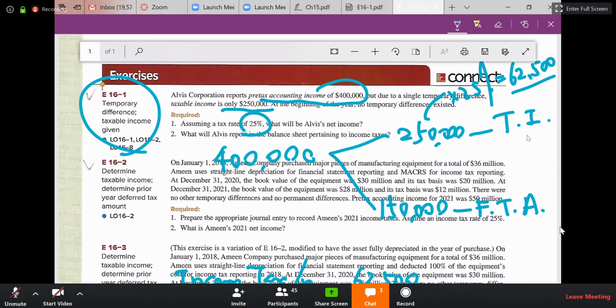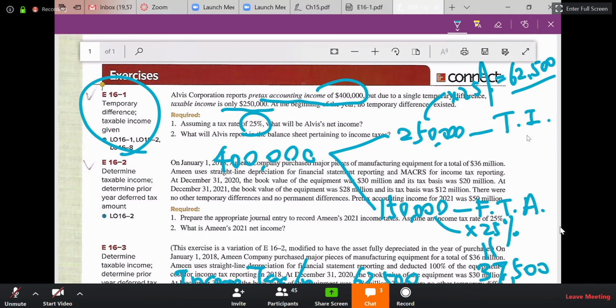That's why you credit, right? How about the tax on this part? Remember this 150 is a future taxable amount. You don't pay tax right now, but you have an obligation to pay tax on this amount in the future. Let's say the future tax rate is also 25%. 150 times 25% gives you 37,500.